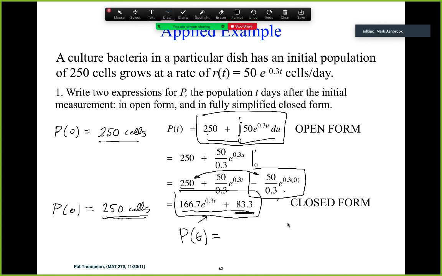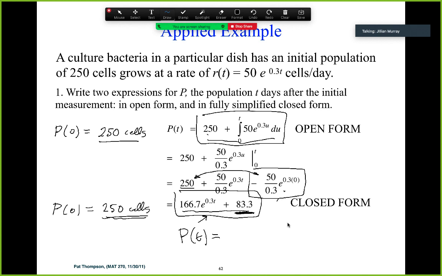Before we move on, any last questions? Since 250 is the initial value, can we look at the closed form, because we basically changed the constant? Even though it's starting from 0, it's still adding on, in a sense, from 0.